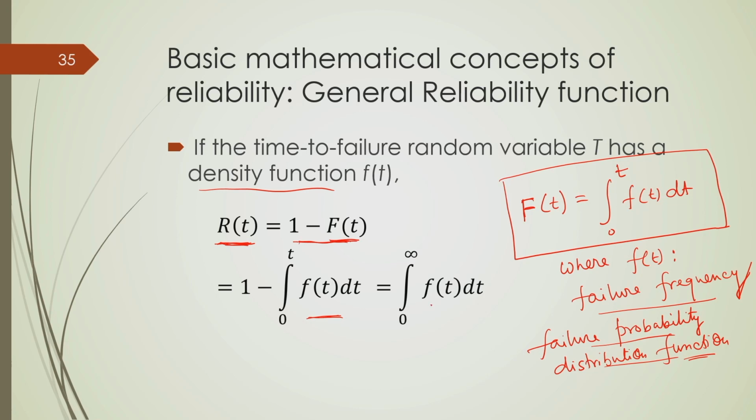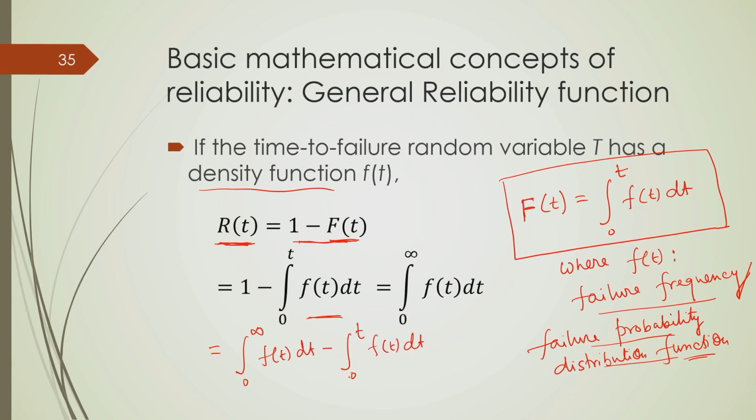Now, we know the integration of any probability density function with a limit 0 to infinity will give you 1. So, we can represent 1 as the integration from 0 to infinity of f(t) dt, and we already know that part of it is the integration from 0 to t of f(t) dt. Okay.